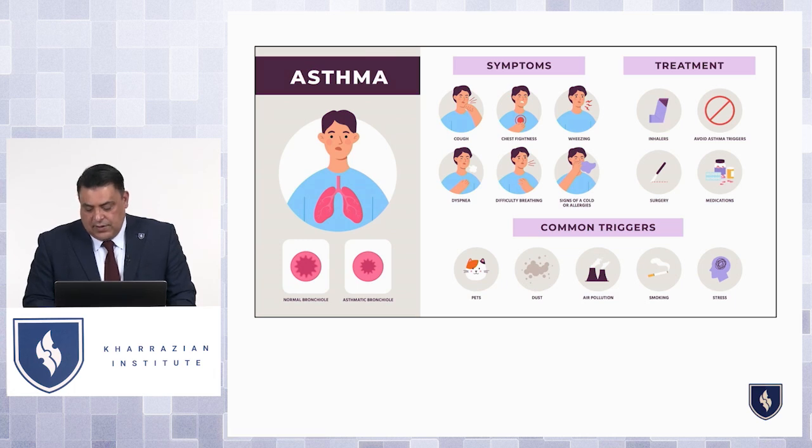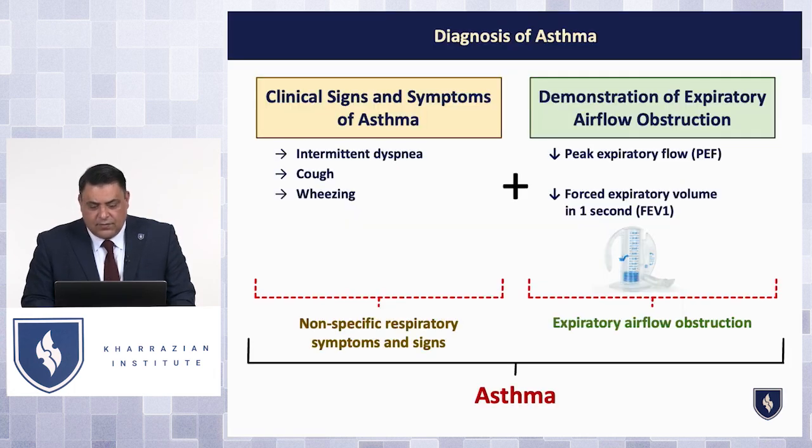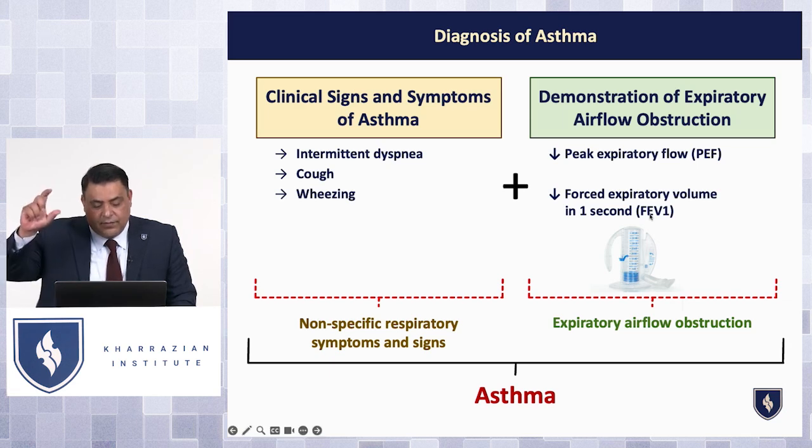And when it comes to the diagnosis of asthma, there are two things that are necessary. One of them is non-specific respiratory signs and symptoms like wheezing, coughing, intermittent dyspnea. And then there has to be a demonstration of expiratory airflow obstruction. So a reduced peak expiratory flow, which you can measure with a spirometer or with the peak expiratory flow device.